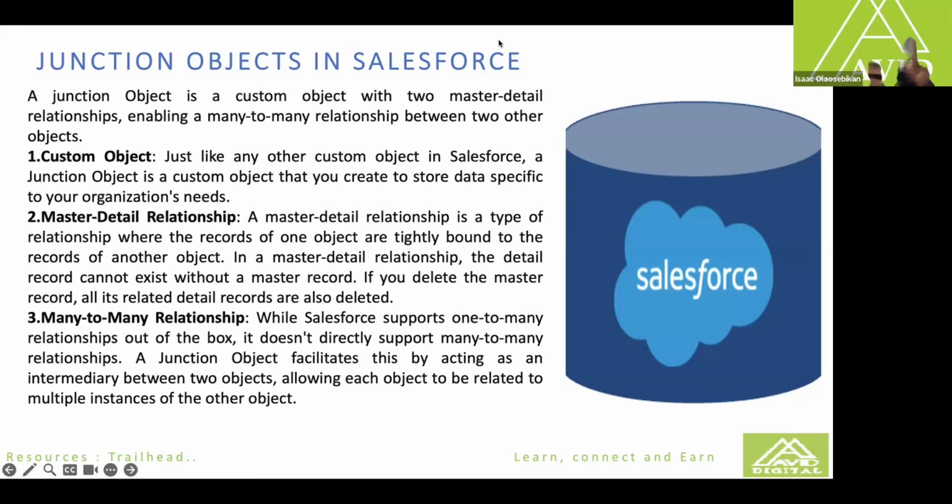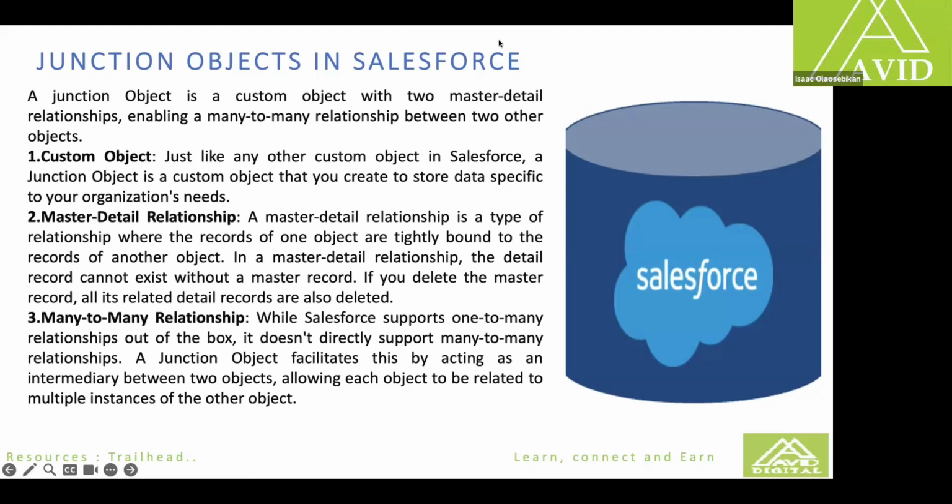Now, let me put it in this scenario. Let's say in a school, you want to build a record that has to do with courses, students, and enrollment. When you have students, some students will be enrolling for multiple, different courses. You also have many students for a course.